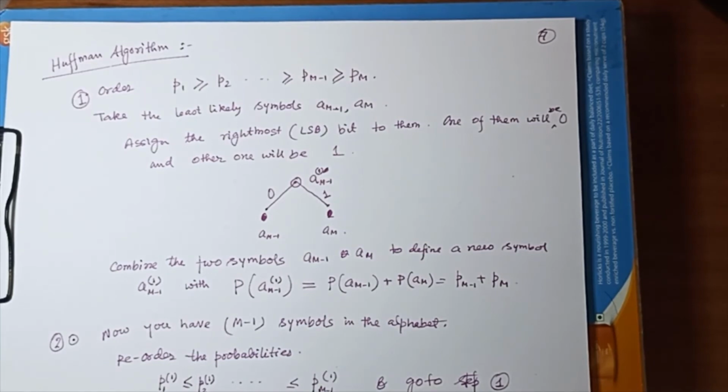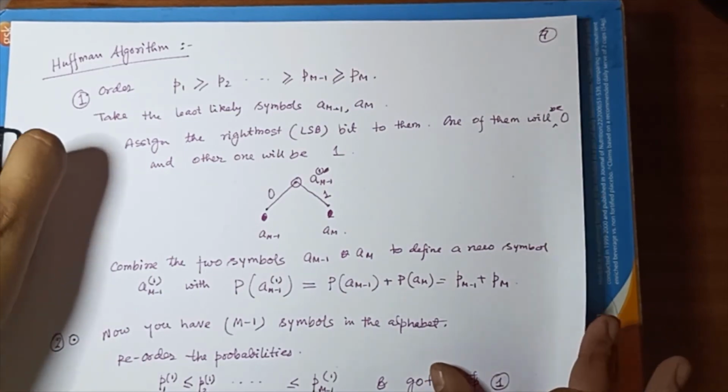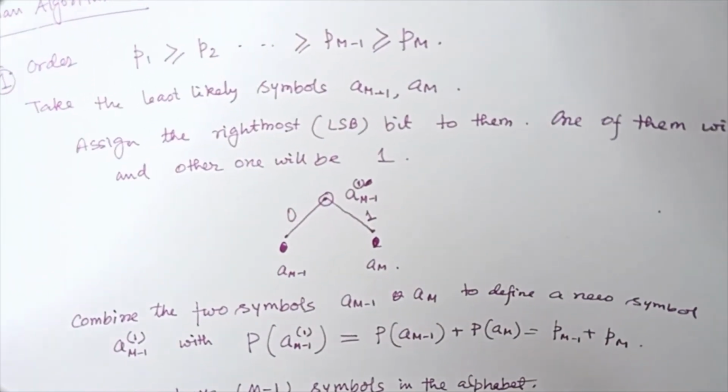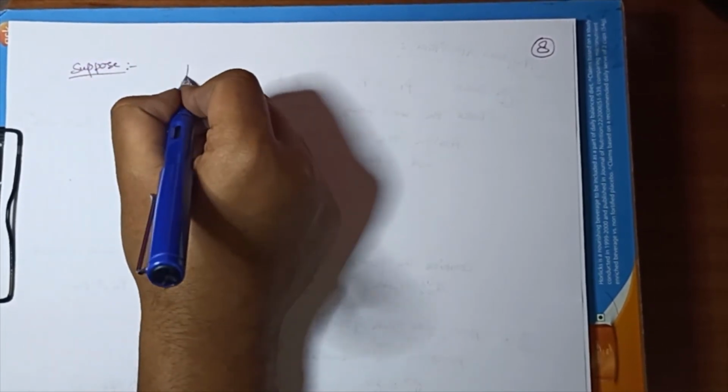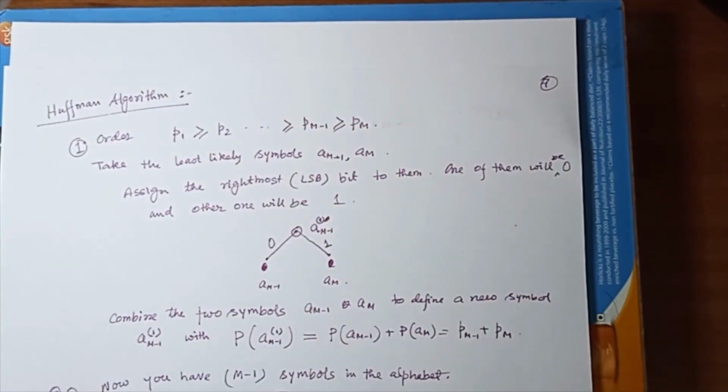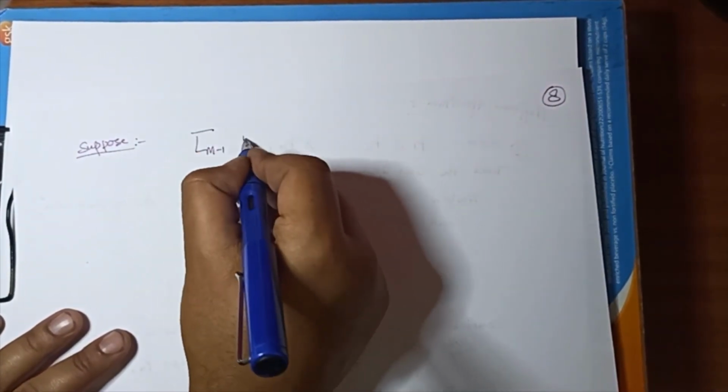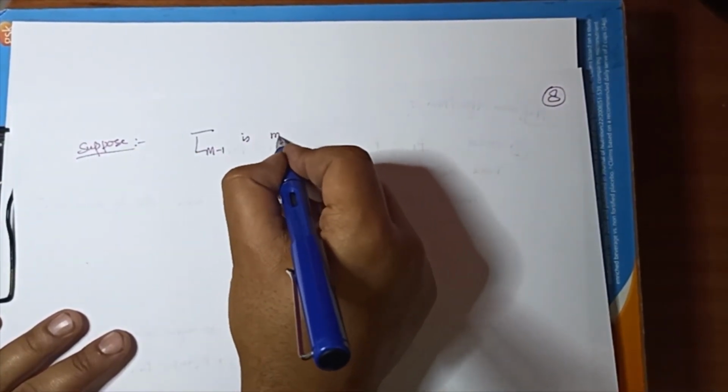So how do we ensure that this algorithm is optimal? I can give you one quick intuition that this is indeed optimal. Again, this comes from mathematical induction. Suppose L_{m-1} is minimum, meaning for this renewed alphabet the average length is minimum.